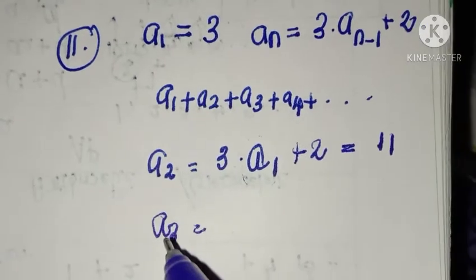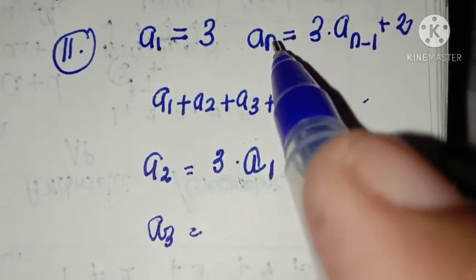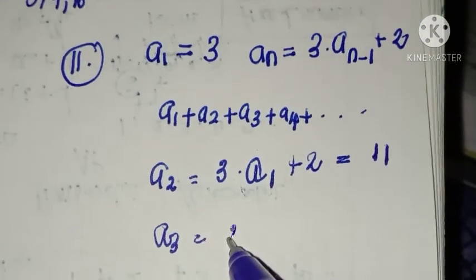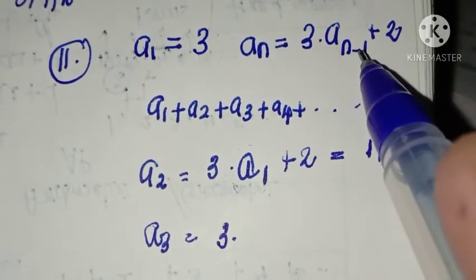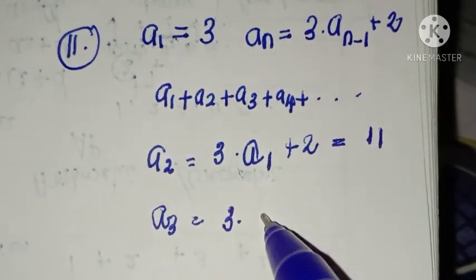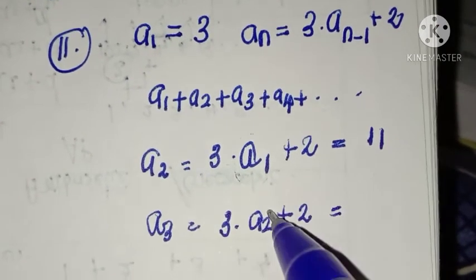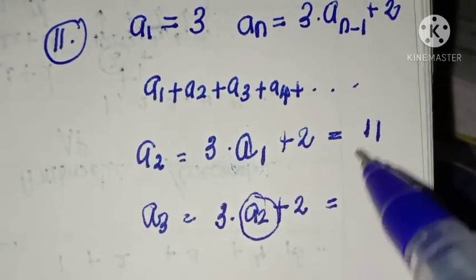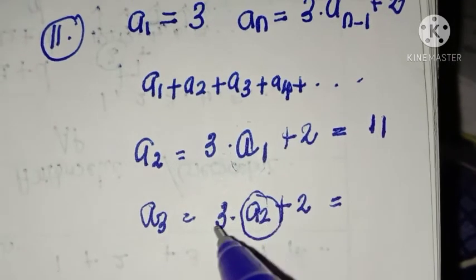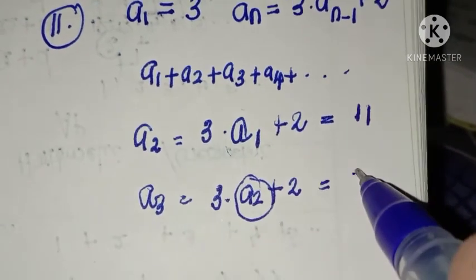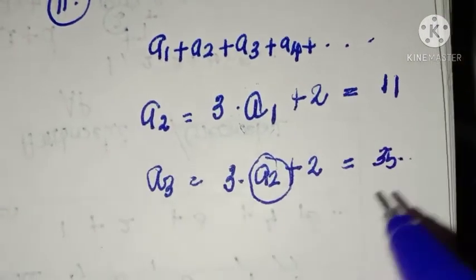So put 3 here in place of n. So 3 into A3 minus 1, 3 minus 1 is A2, plus 2. Now what is A2? A2 is 11. So 3 into 11, 33. 33 plus 2, 35. Okay, this is a simple one.